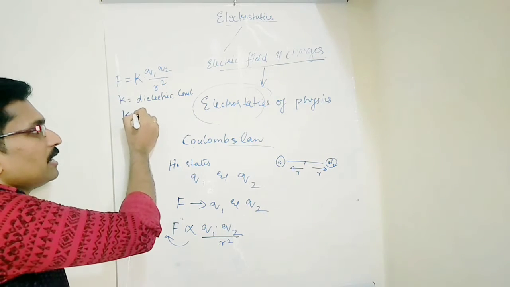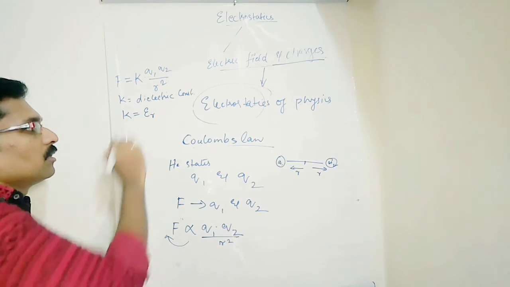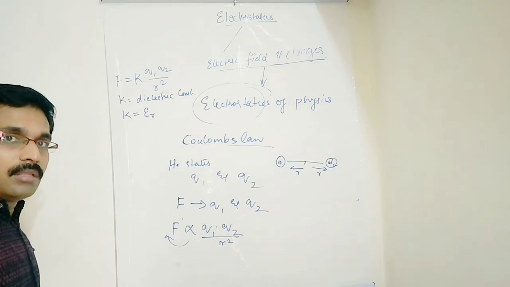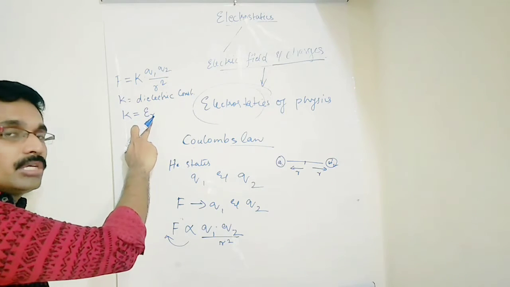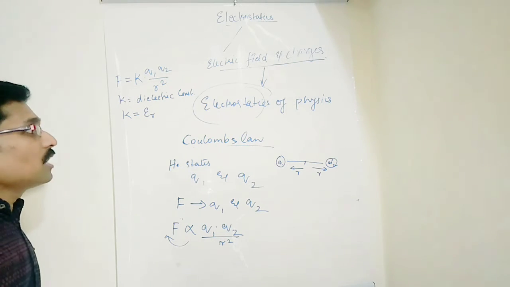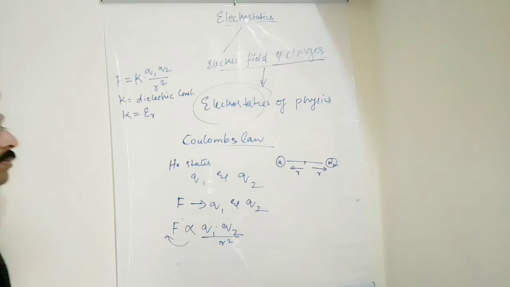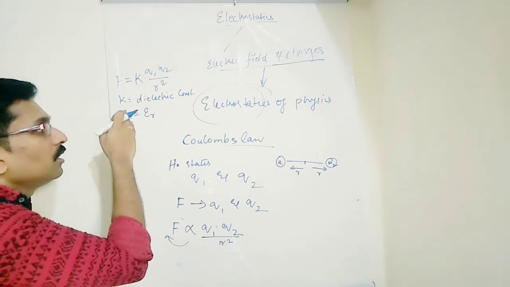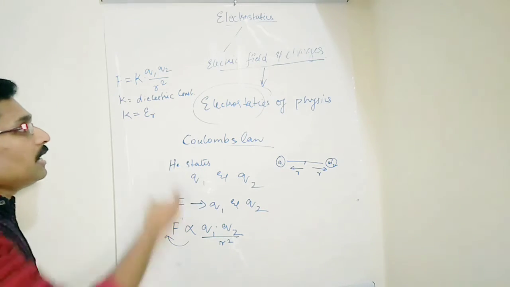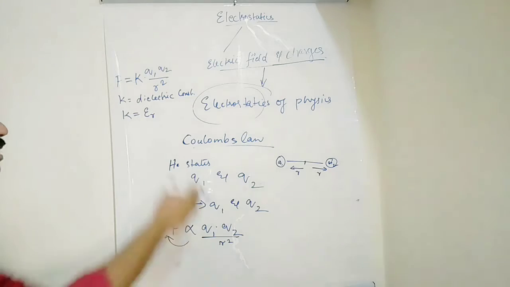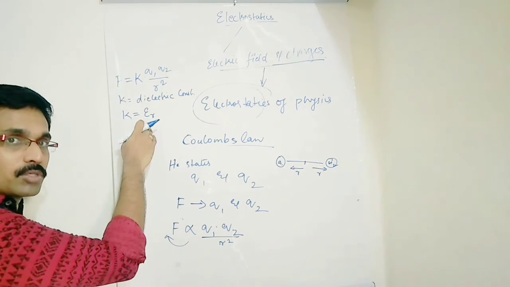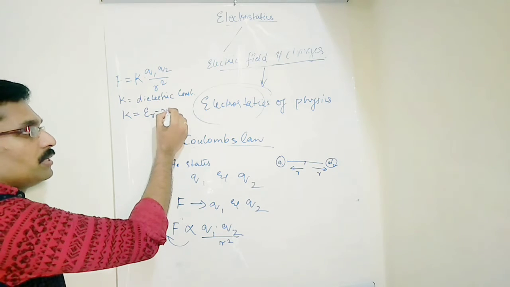K is also known as epsilon naught R, the relative permittivity. Please do remember, don't get confused: the constant used in Coulomb's law is the letter K, known as the dielectric constant, or epsilon naught R, meaning relative permittivity.